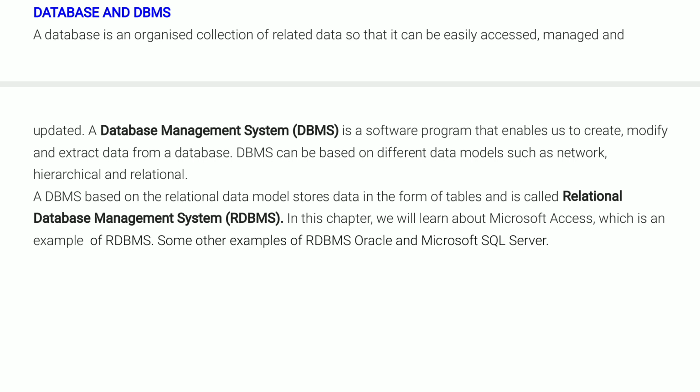For example, consider the names, telephone numbers and addresses of the relatives that you may have stored on a hard drive using any application software such as Microsoft Access or MS Excel, etc. The collection of related data with an implicit meaning is known as a database.